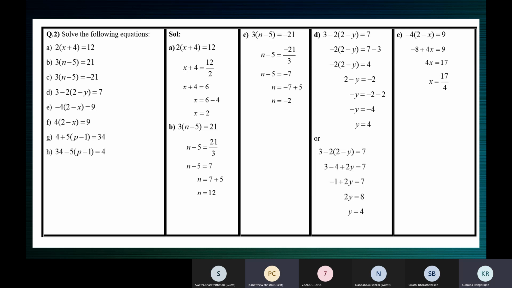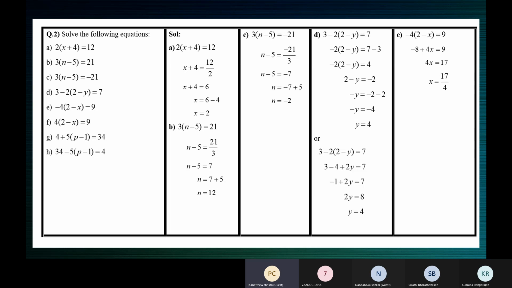Very good. In the left-hand side, what will happen? 3 in the numerator and 3 in the denominator will get cancelled. Correct? Yes, ma'am.